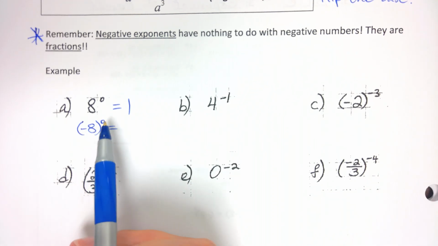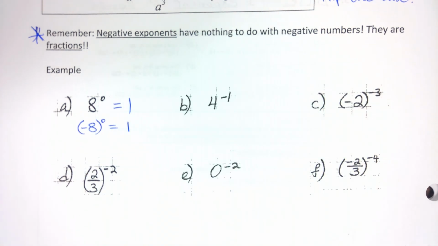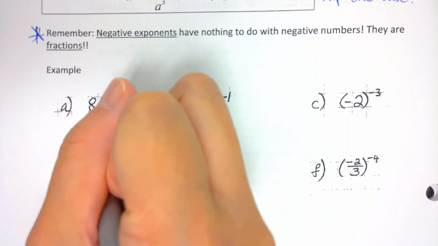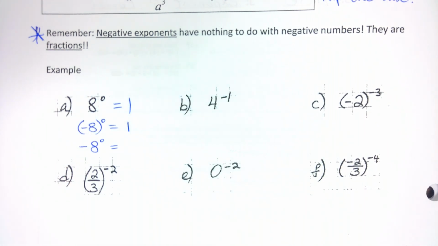Negative 8 in brackets to the power of 0. Yeah, still 1, Adi says. That's right. Okay. But what about this? Negative 8 to the power of 0. Okay. Who says 1? Who says negative 1?